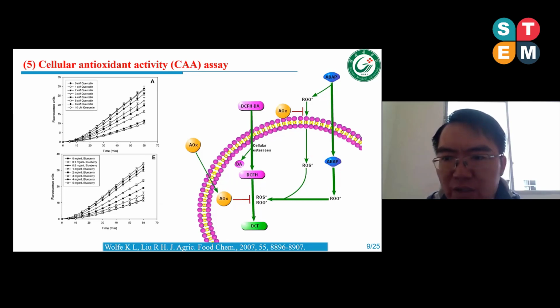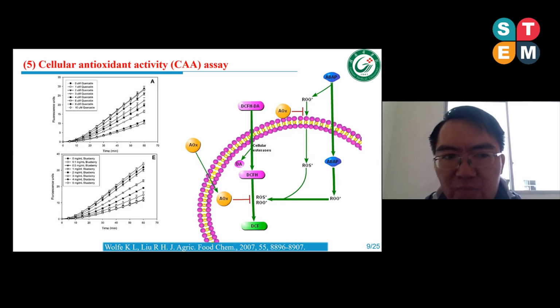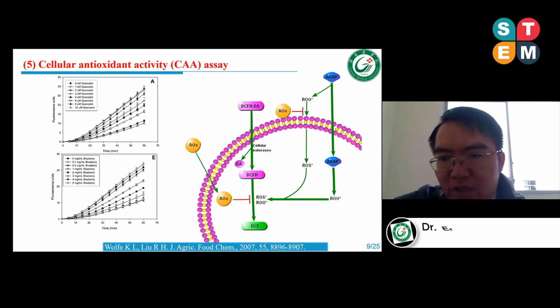As shown in the left two figures, compared with the control group, decreasing fluorescence by the phenolic extract indicates antioxidant capacities. The right figure presents the principle of CAA. HepG2 cells were pre-treated with antioxidant compounds of fruit extract and DCFH-DA.